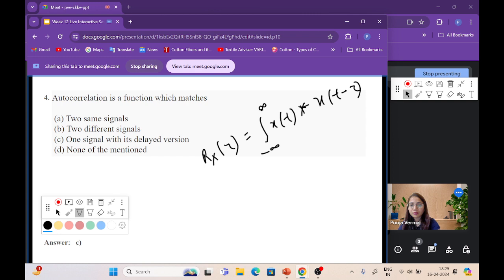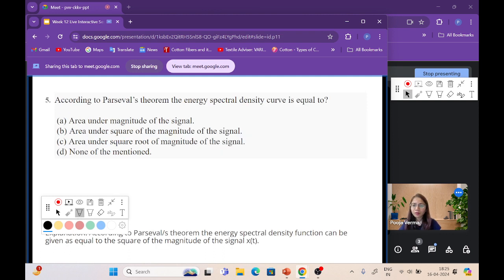It is a multiplication of a signal and a shifted or delayed version of itself. So correct option is option C, one signal with its delayed version. Okay, so moving to the next question.